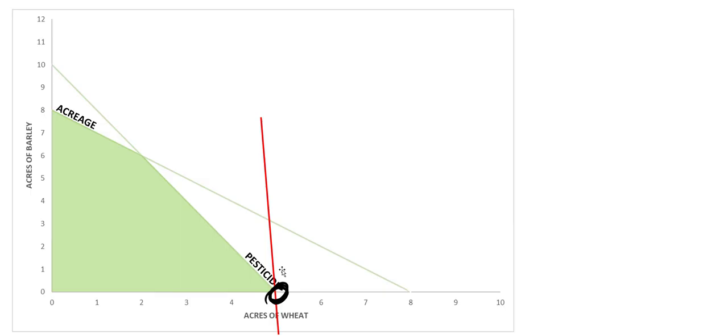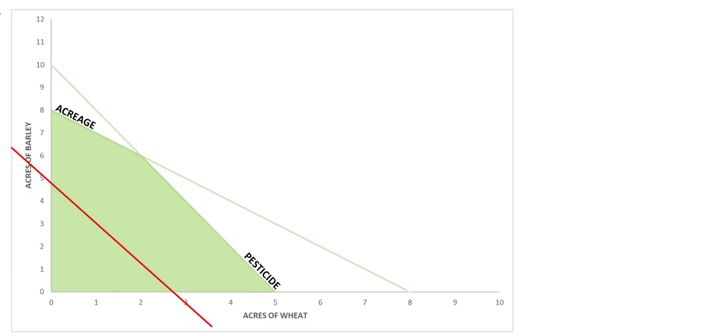What our goal is here is to find out mathematically how much I can adjust the slope of this objective function line. How much can I tweak that slope and still have my optimal solution where it initially was, at the intersection of the acreage and the pesticide constraint?